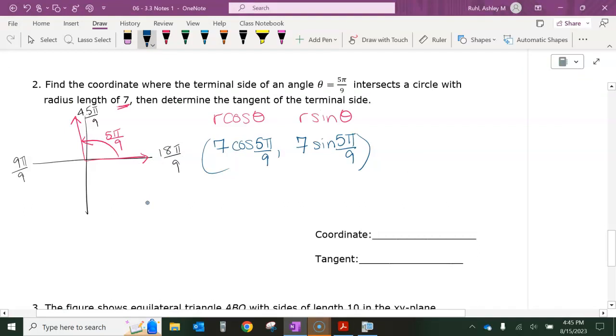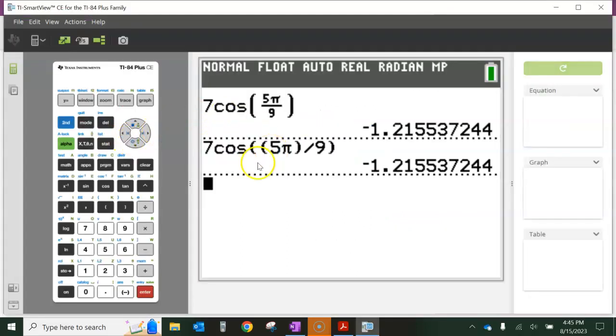So that's what I'm going to do. Negative 1.216. And if you think about it, that makes sense. I drew this angle right here in the second quadrant, right? And that gives me a negative x value and a positive y value. So that makes sense.